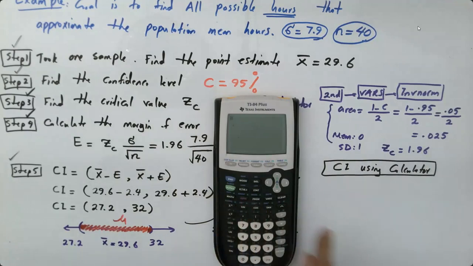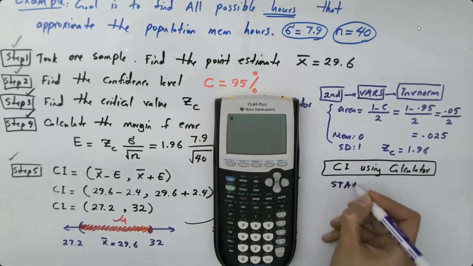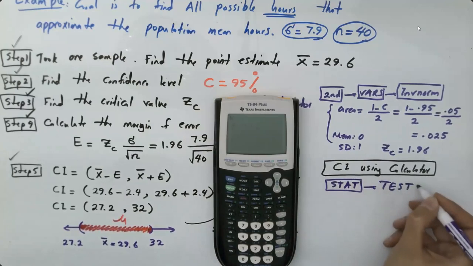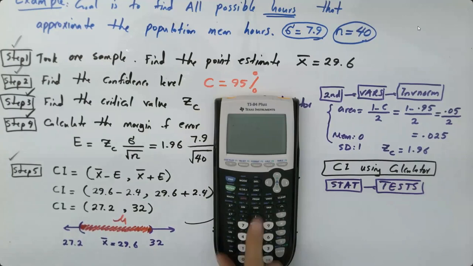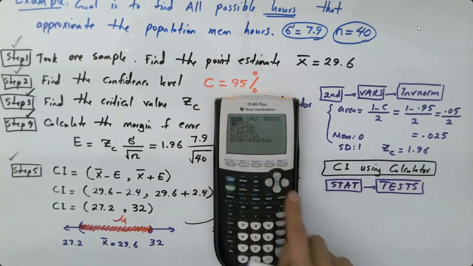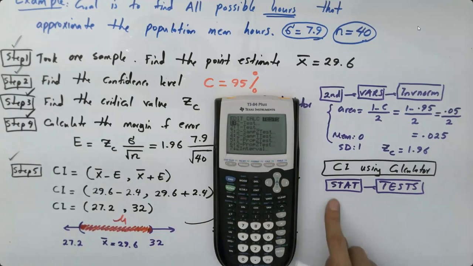You need to go to stat. So go to stat and then go to tests. Click on stat, the very first one is edit, use the arrow, not the calc, go to the tests. So stat, tests.